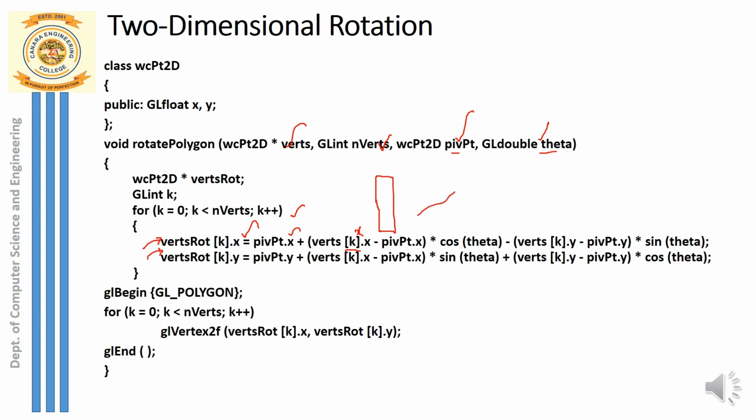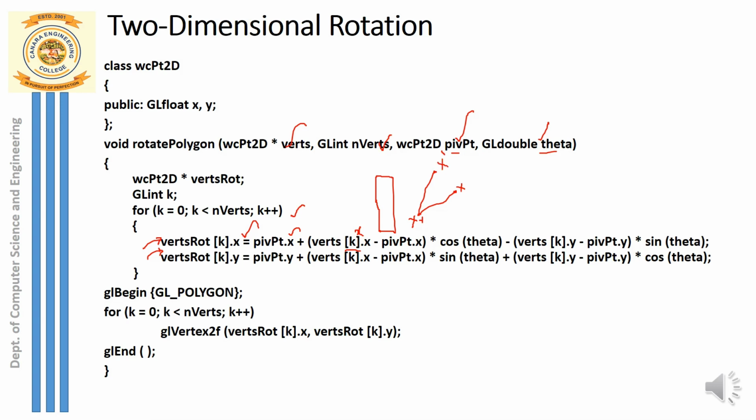If I have a line this way, I have the x coordinate here, this is the x coordinate of my old point, and this is my pivot point, given by xr. This is my old point, and this is my new point that I am computing, the rotated point, given by x dash.